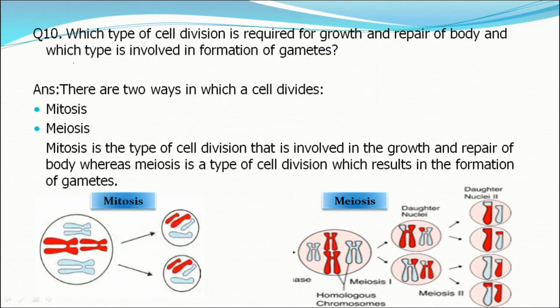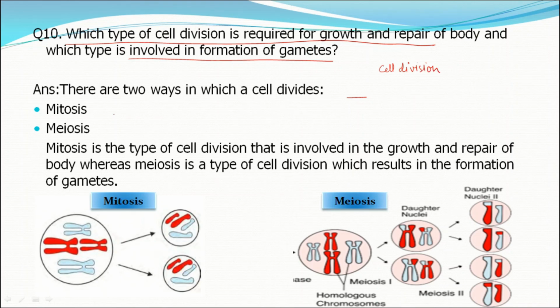Now, our last question is, which type of cell division is required for growth and repair of cells, and which type of cell division is involved in the formation of gametes? As we have discussed, cell division is of two types, and what are these?